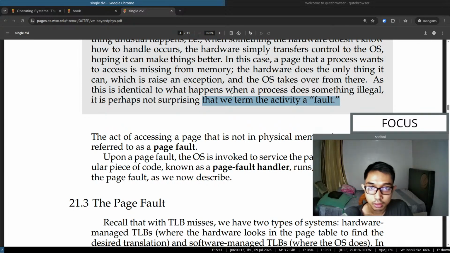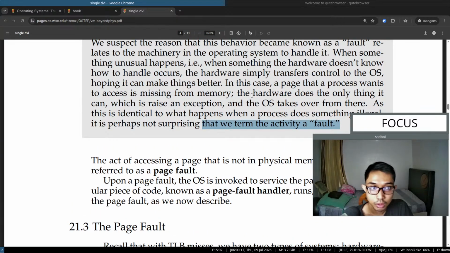Okay. So the hardware raises an exception and the operating system takes over.